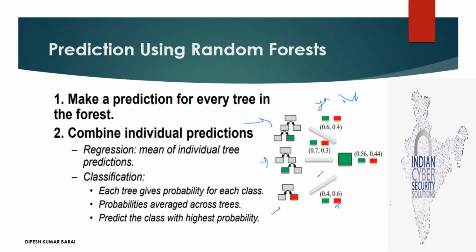If you combine all of these results, yes gives 0.56 and for no the probability is 0.4. So yes is higher, and the combined result will predict that, suppose the problem is predicting whether a cancer is malignant or benign, for malignant yes or no, a yes means this cancer may be malignant.